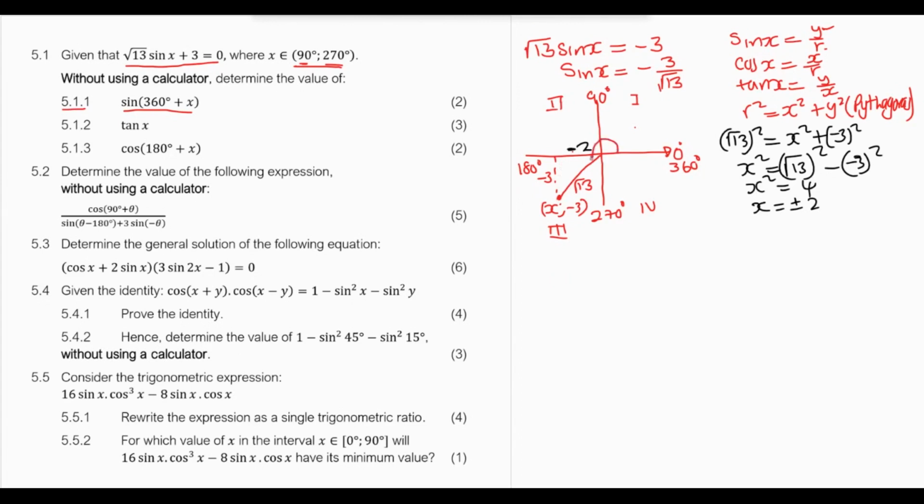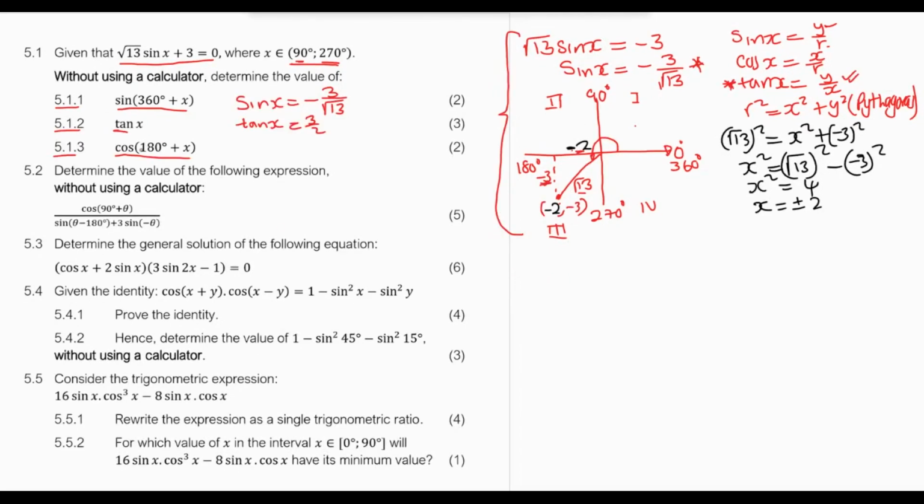Now we have all the values that we want. We have x, we have y, we have r. So x here is -2. Now, cos (180 plus x). Where is 180 plus x? It is in the third quadrant. This is the first, second, third, and fourth quadrant. Remember that we have our acute angle x here.